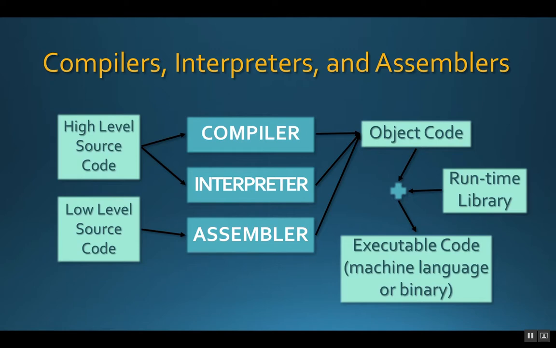The object code is combined together with any runtime libraries. Runtime libraries would be things like code that knows how to access the hard drive and find files and do all those kinds of things. And that is combined together to create a complete executable code or complete program.